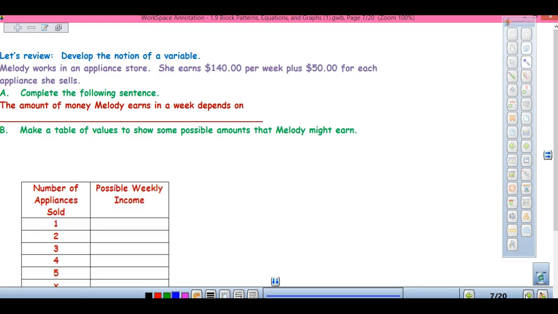It says the amount of money Melody earns in a week depends on what? Good. It depends on how many appliances she sells.